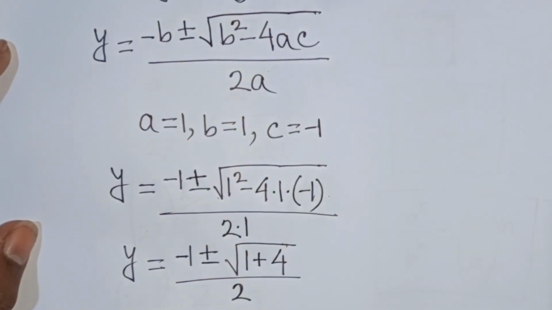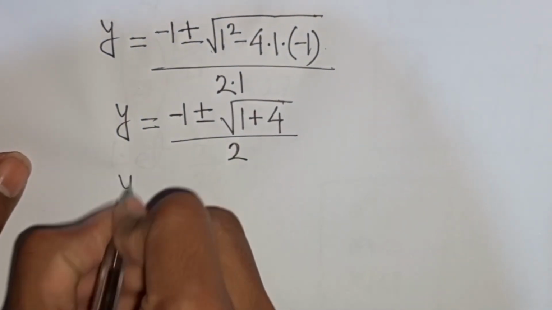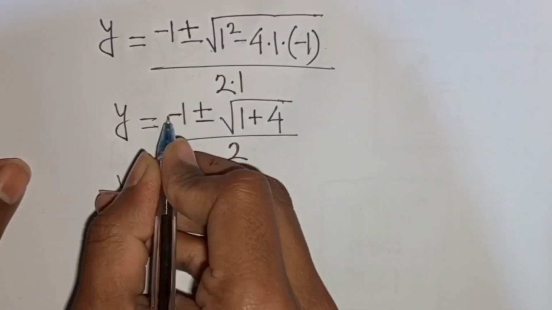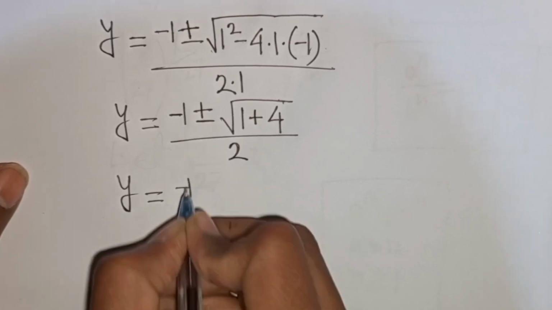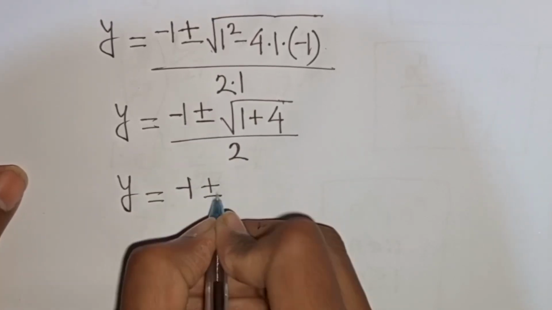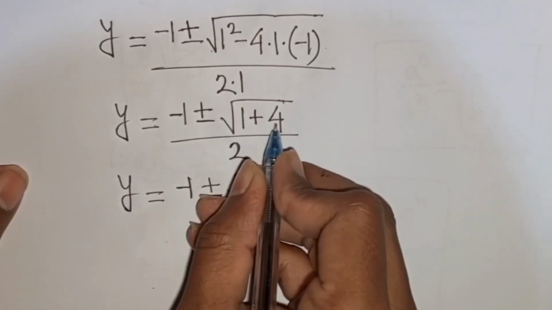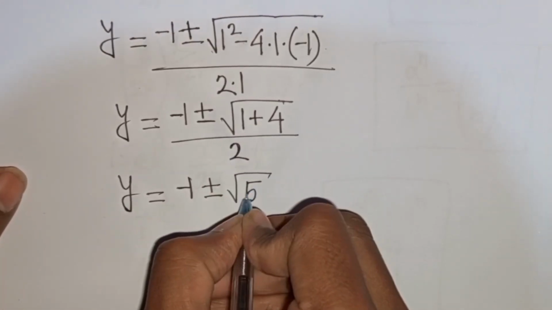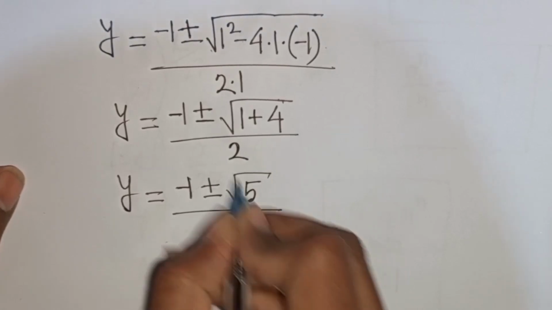Now I can write here y is equal to minus 1 plus or minus a square root of 1 plus 4, that means it will be 5, then divided by 2.